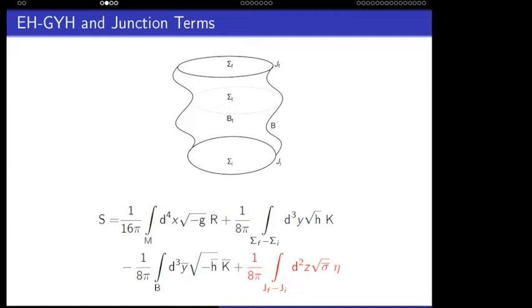However, when you put gravity in this kind of manifold, at the junctions between this boundary and this boundary, you have to introduce this term. This is because, for instance, K, which is the extrinsic curvature of the boundary, depends on the normal vector. And when the boundary has this jump here, the normal also jumps, and it's not continuous.